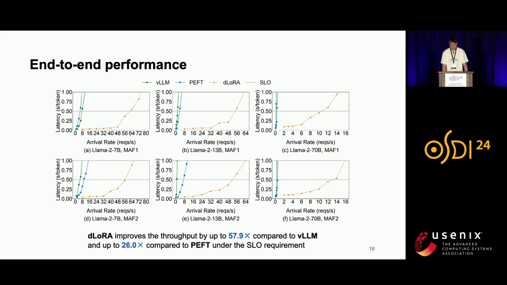We first conducted large-scale end-to-end experiments. The results show that under various models and loads, dLoRA improves the throughput by up to 57.9 times compared to vLLM and up to 26 times compared to PEFT under the SLO requirement.